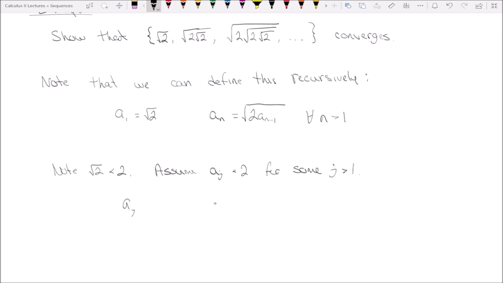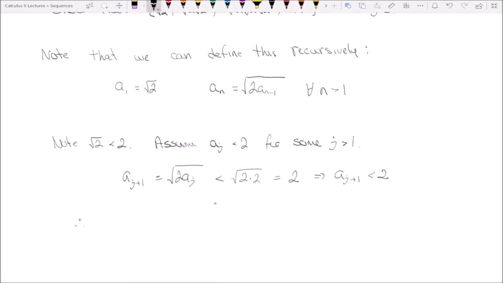Then notice that a sub j plus 1, which is equal to the square root of 2 times a sub j, would be less than the square root of 2 times 2, which equals 2. Notice what this means. This means that a sub j plus 1 is also less than 2. Therefore, 2 is an upper bound.